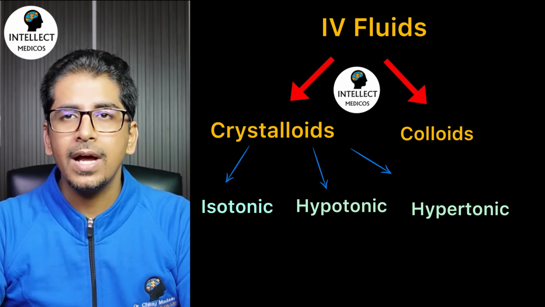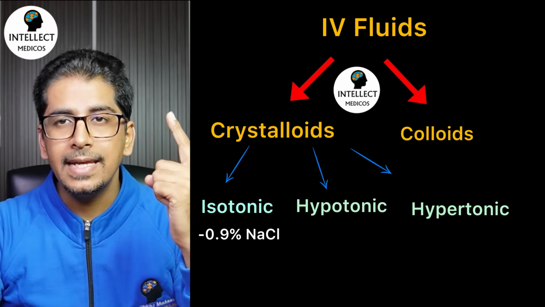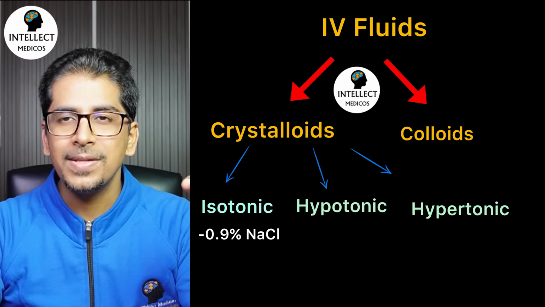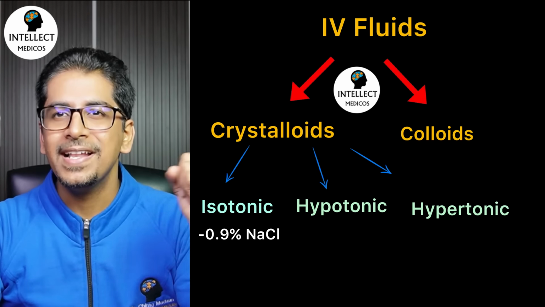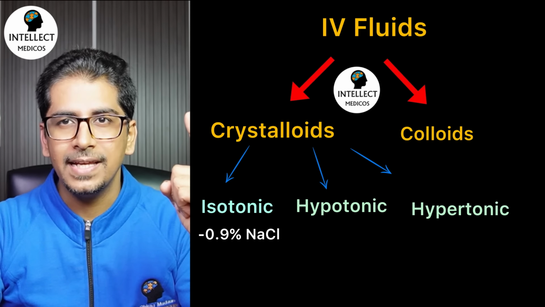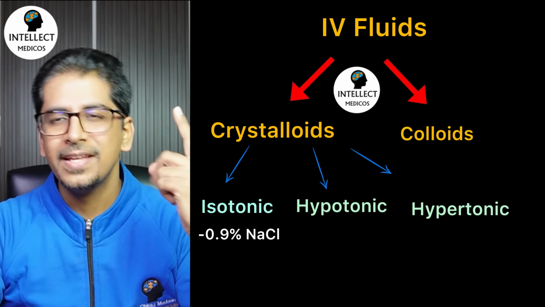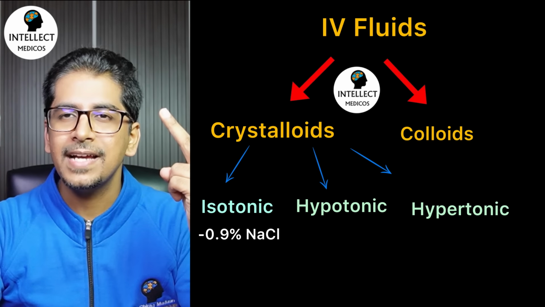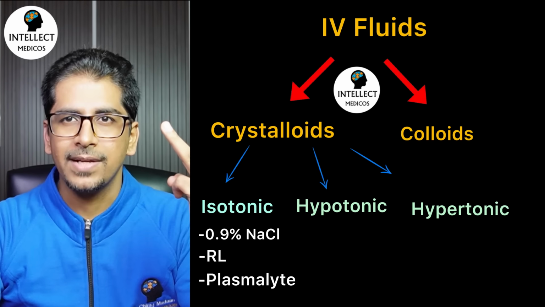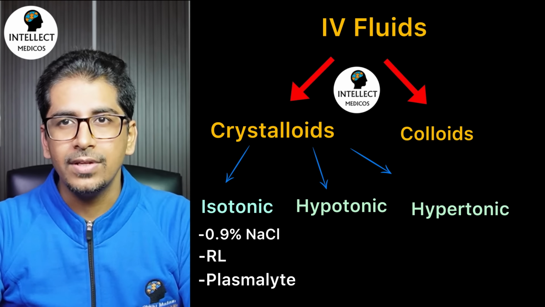The examples of isotonic fluids are, first, 0.9% NaCl. I have not written normal saline because it is not normal; I'll talk about that later. So it is 0.9% NaCl, which is also called normal saline, but it is a misnomer actually. The second isotonic fluid is Ringer lactate, and third is Plasmalyte. So these are the three we call isotonic fluids.